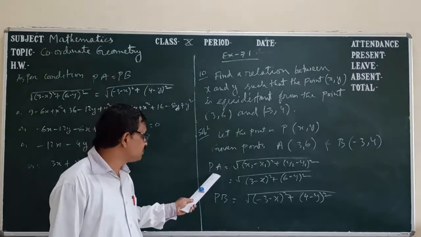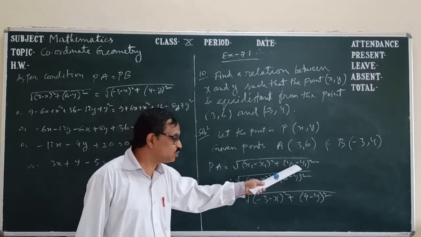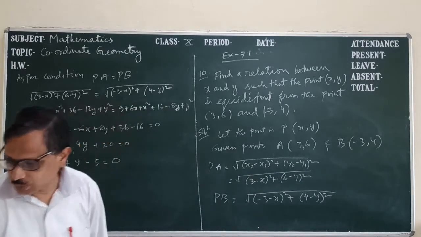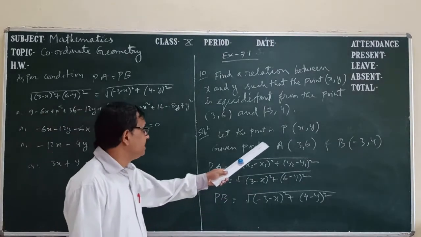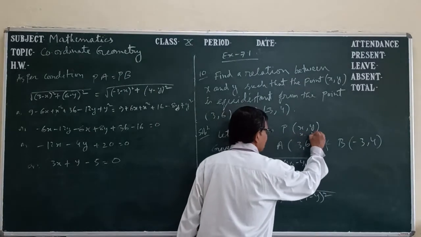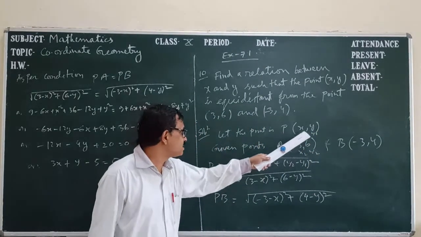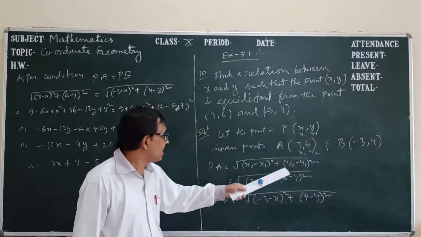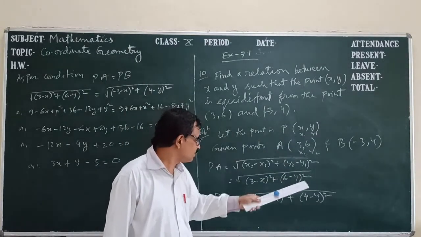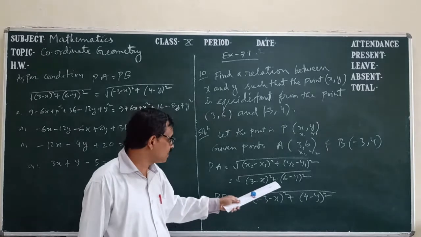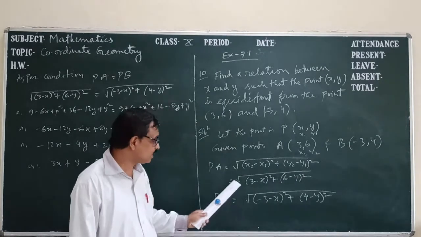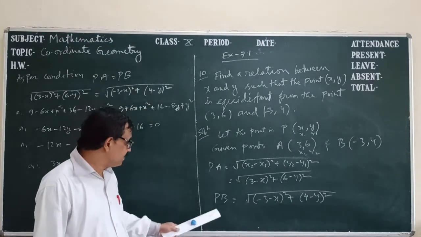So we find the distance PA: the square root of (x2 minus x1) whole square plus (y2 minus y1) whole square. P means x1, y1 and this is x2, y2. So (3 minus x) whole square and (6 minus y) whole square, under root. Similarly we have written PB.